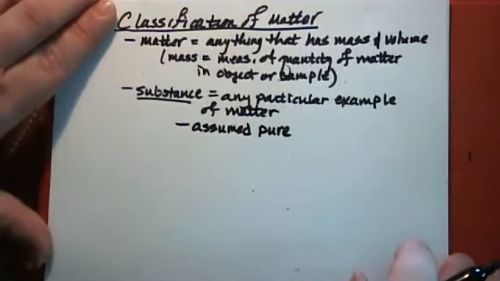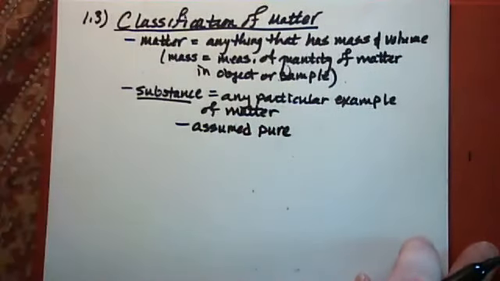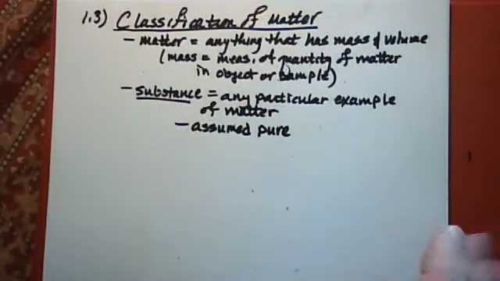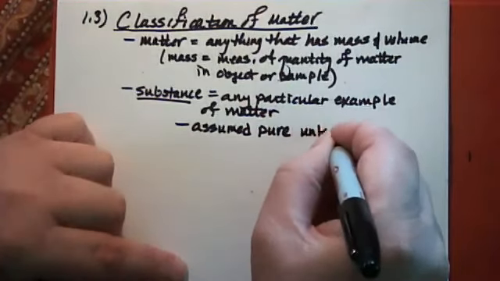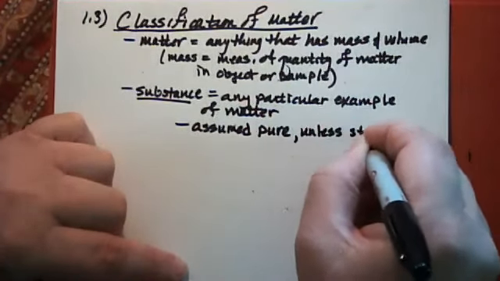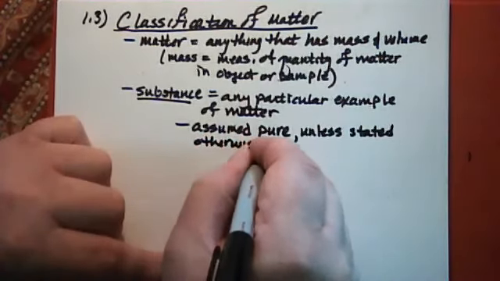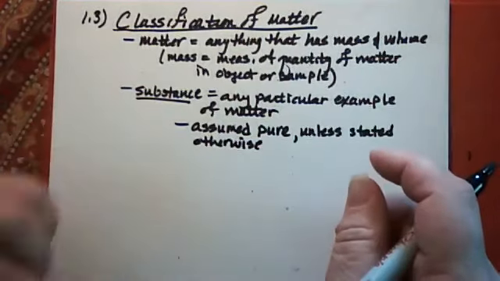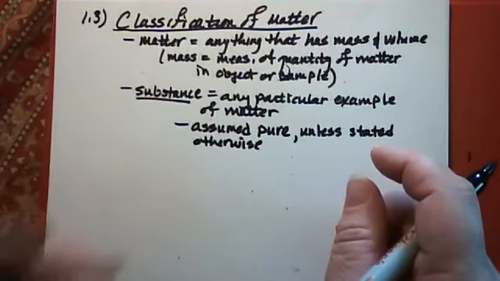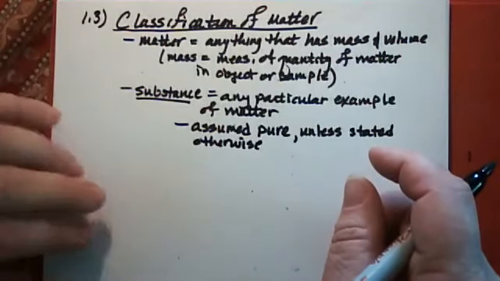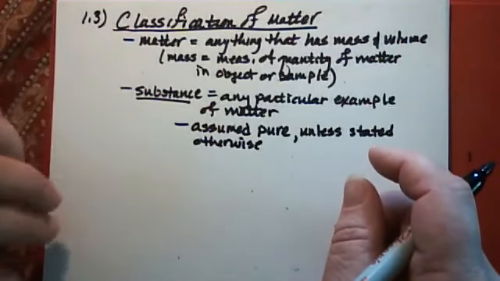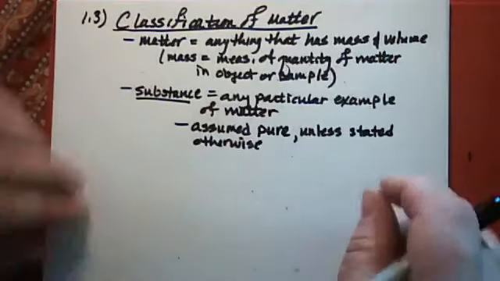One thing about substance, though, is that when you speak of a substance, it's implicitly assumed that you're talking about a pure substance, where there's only one kind of element or compound present. It's not a mixture of different things. So an impure substance is not actually a substance at all. Technically, it's a mixture, which would not be considered a substance. A mixture would be two or more different substances mixed together.